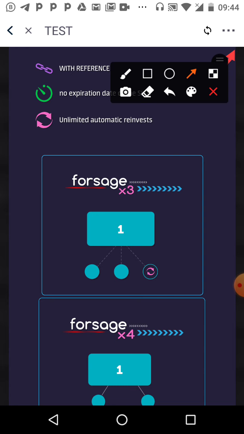What this means is that with Forsage X3, when you're inviting a prospect to the system and they finally register, the first thing the system will do for the prospect is to buy the first slot of X3 and also buy the first slot of X4.